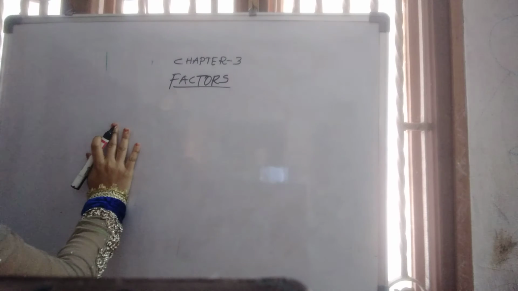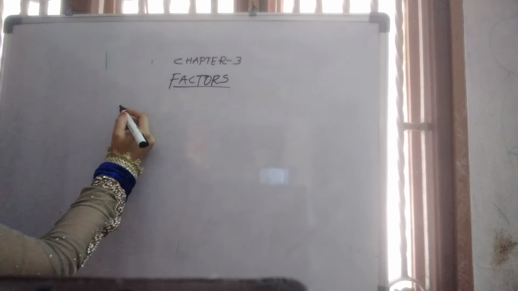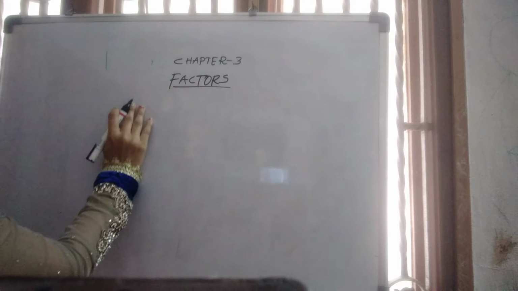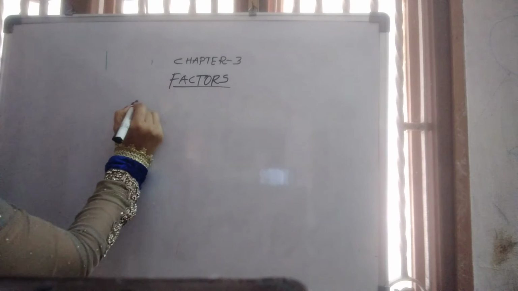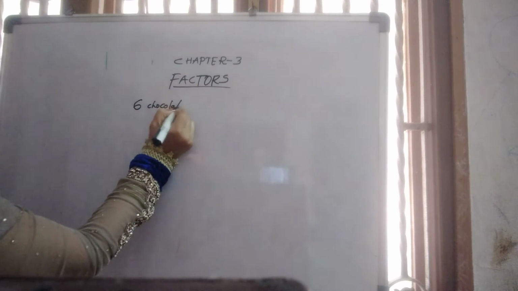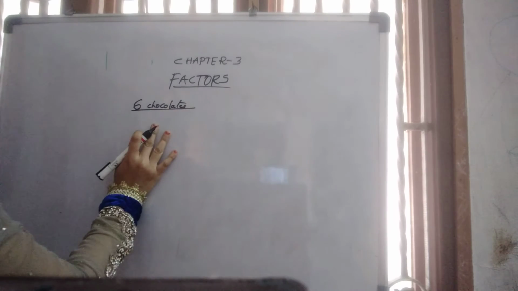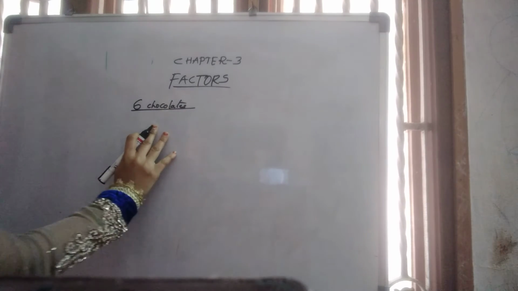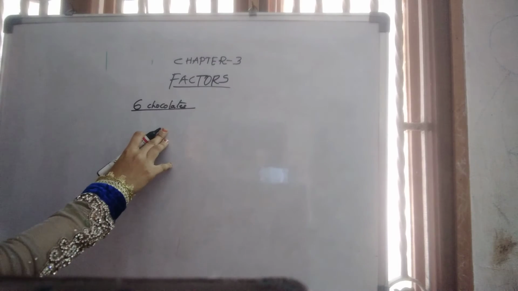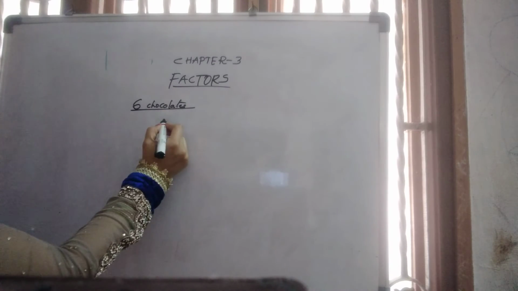Let's take one example. Suppose Devi or someone has 6 chocolates. She wants to arrange these 6 chocolates in columns in such a way that each column has the same number of coins.